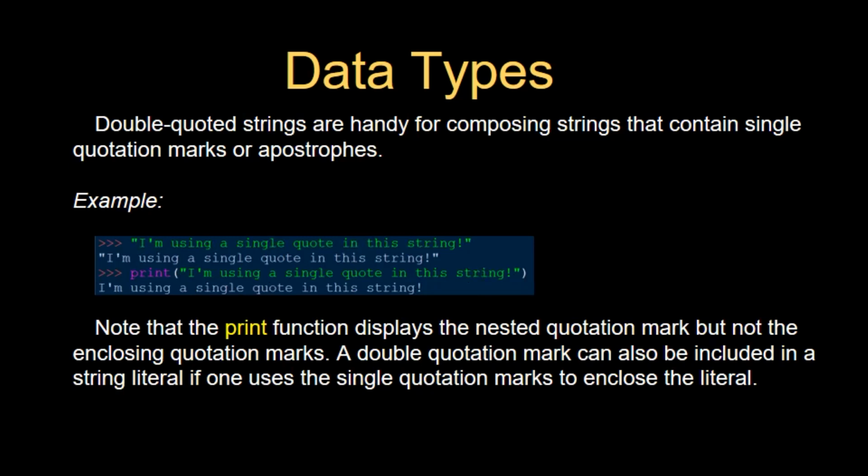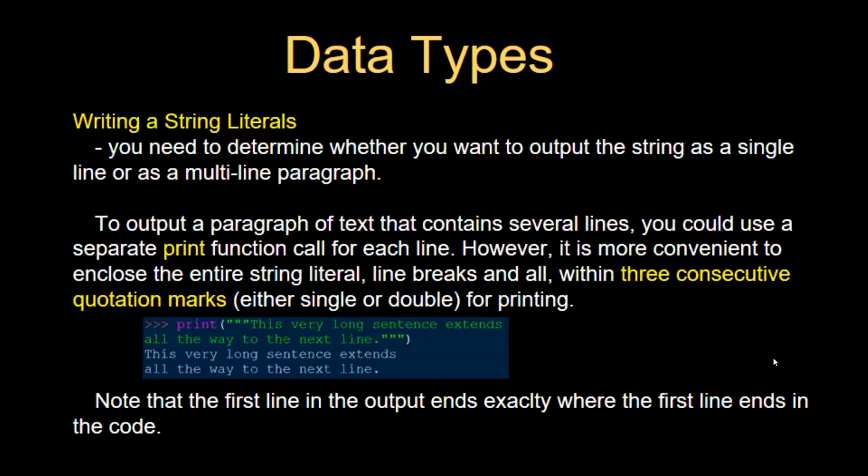To check. Yan. So writing a string literal, you need to determine whether you want to output the string as a single line or as a multi-line paragraph. So pwede mo siya ma-next line. Okay? Para hindi siya mahaba. Okay?